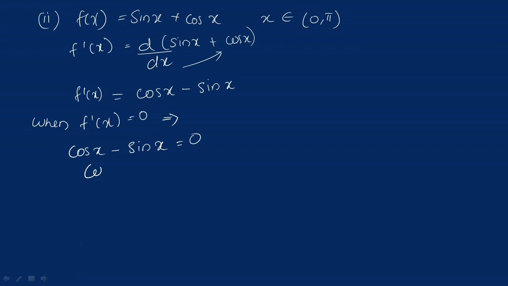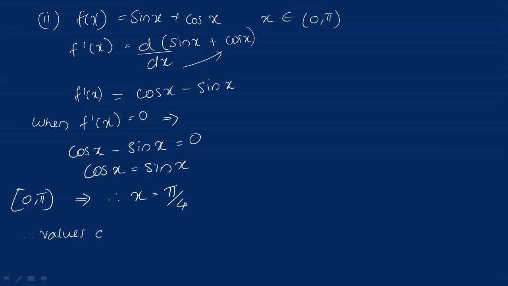When f'(x) = 0, we can write cos x - sin x = 0. By solving, we have cos x = sin x. In the interval 0 to π, we have only one value that satisfies the condition cos x = sin x, that is x = π/4. So the values of x will be 0, π/4 and π, because of the interval 0 to π.